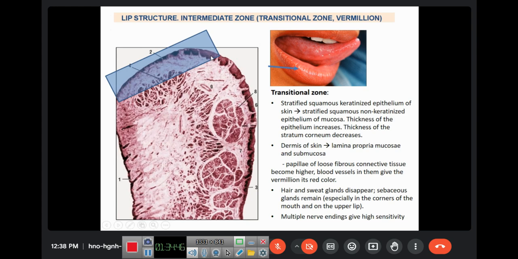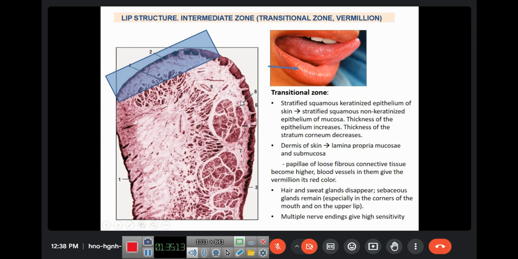If you compare the thickness of epithelium in this part and in this part, it is larger, but the thickness of stratum corneum decreases when we go from the skin part towards the mucous part.